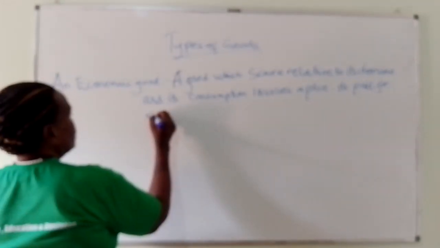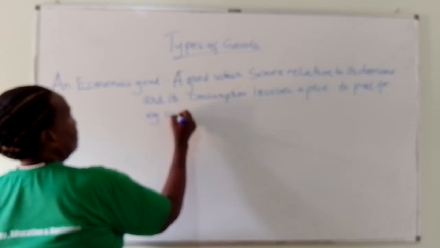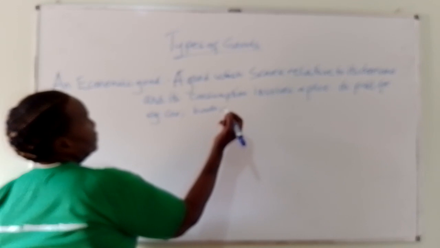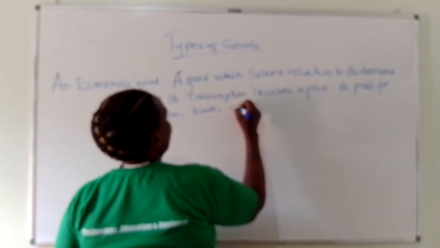Examples: car, book or books, let's say clothing.